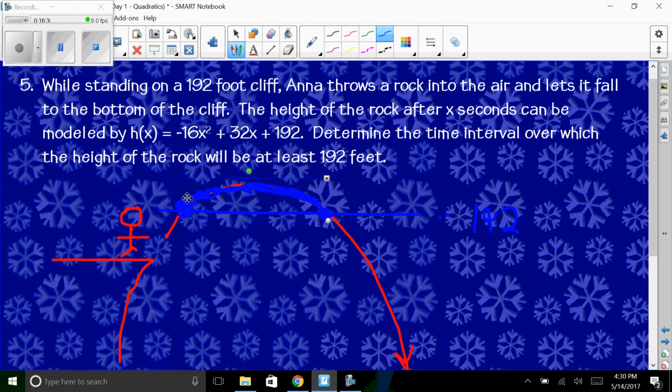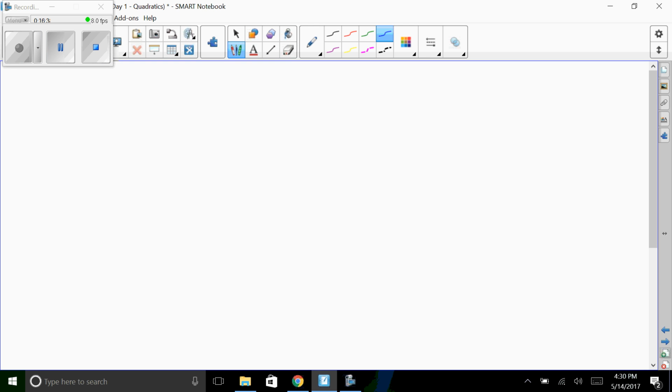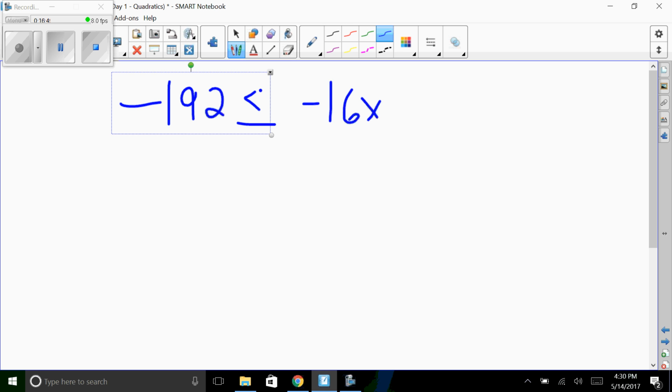So how do we set this up in equation form? Well, it has to be at least 192 feet. So that means this over here has to be greater than that. So we take the equation, negative 16x squared plus 32x plus 192, and make it greater than or equal to 192.